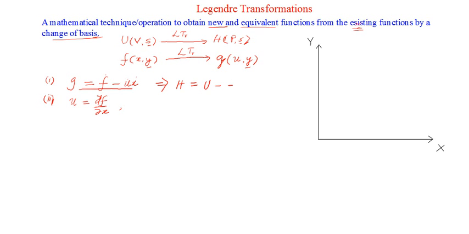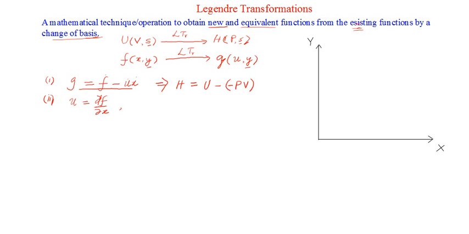The reason is that u minus PV, and why this negative sign, you will understand. So finally it will become u plus PV, and that is the definition of h, right?